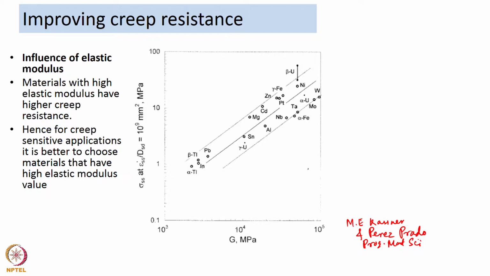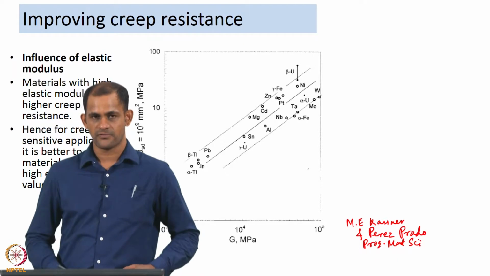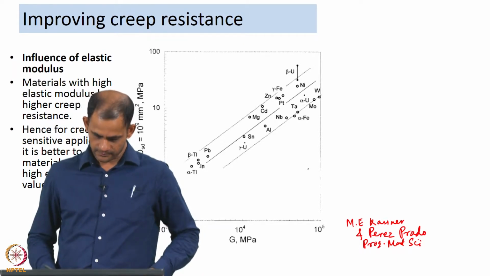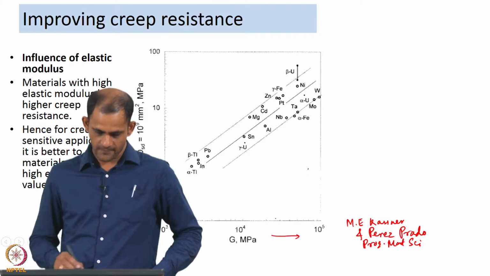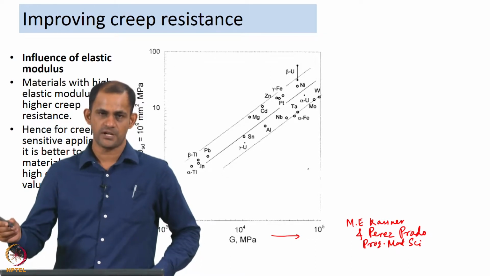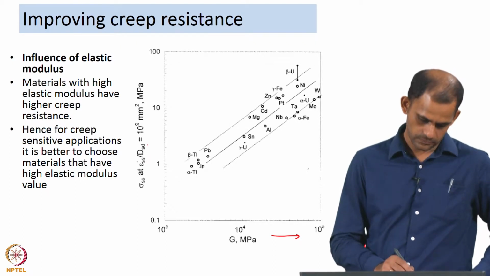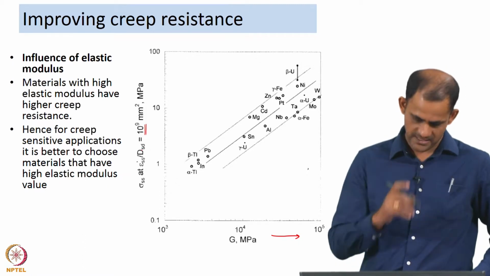This is a graph that we discussed even earlier, when we were talking about the role of elastic modulus. So, what this graph is telling you is, as your elastic modulus or your shear modulus is increasing, the amount of stress required to generate a certain creep strain rate is also increasing. In this case they are talking about a creep strain rate of the order of 10 to the power 9, a dimensionless creep strain rate.